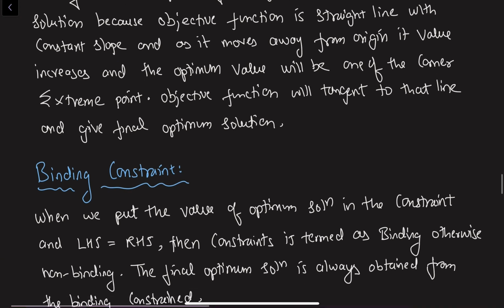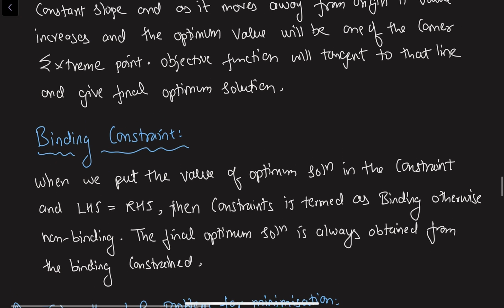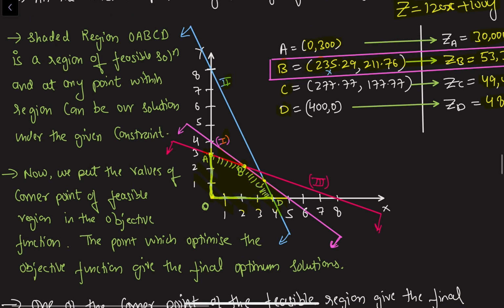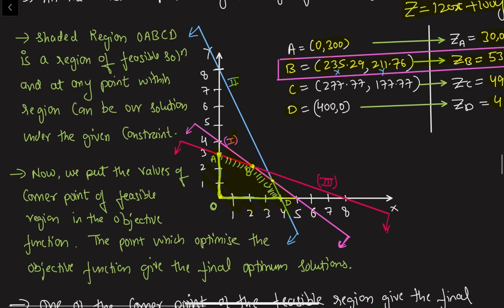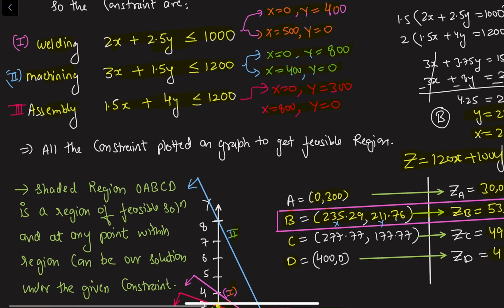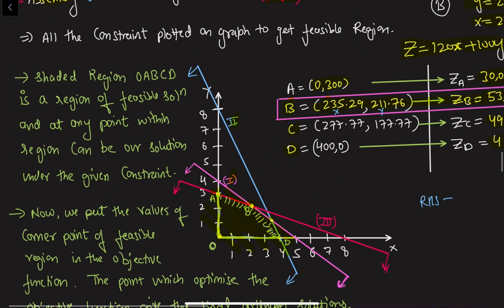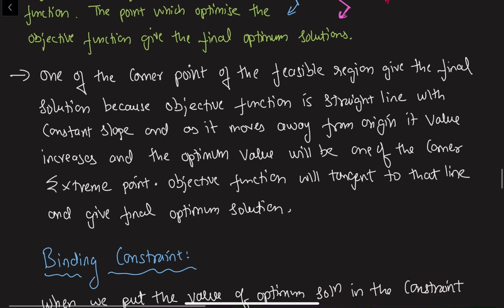Okay, now let's understand what a binding constraint is. A binding constraint is identified when we put the value of our optimum solution in the constraint. Let's suppose in our case, this is our x and y. If I put these values in my constraints, and the constraint is satisfied with LHS equal to RHS, then it is a binding constraint, otherwise it is not binding.